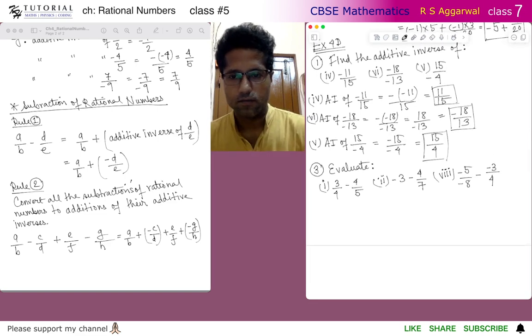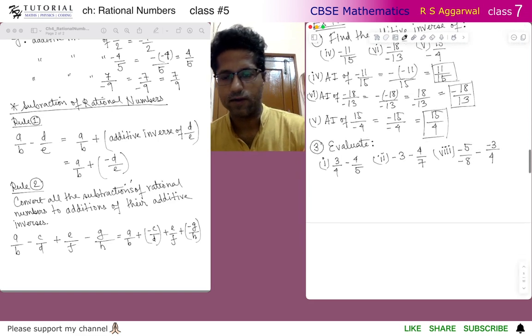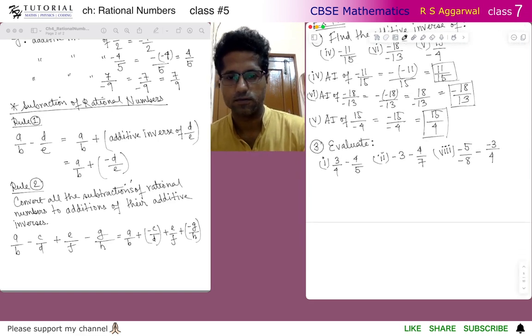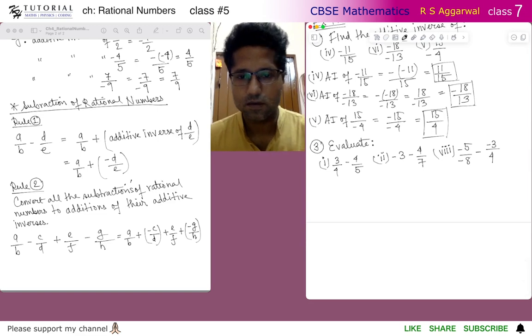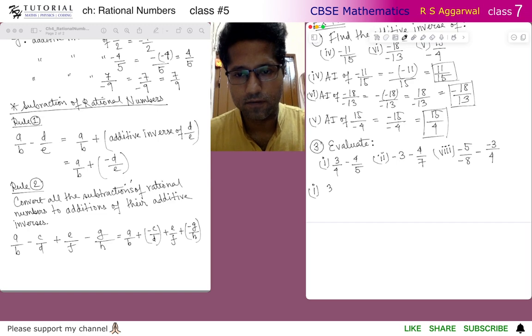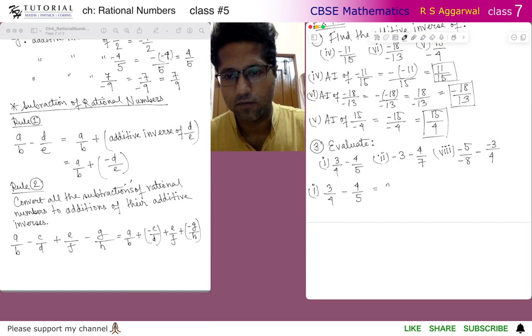Now we have to evaluate, that is find the subtraction of two rational numbers. Okay, let's do the first one. So this is 3 by 4 minus 4 by 5, and we know that this equals 3 by 4 plus the additive inverse of 4 by 5, that is minus 4 by 5.